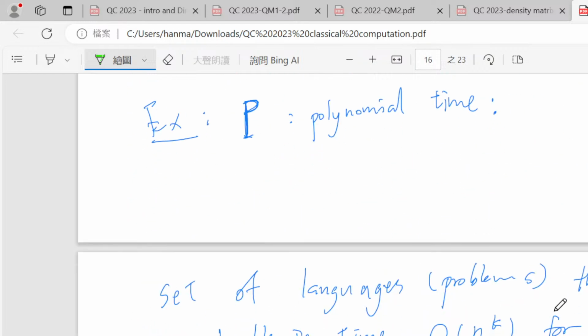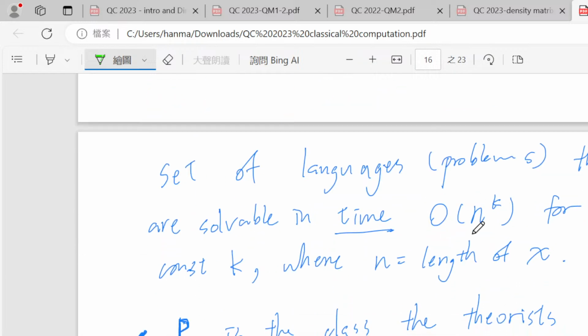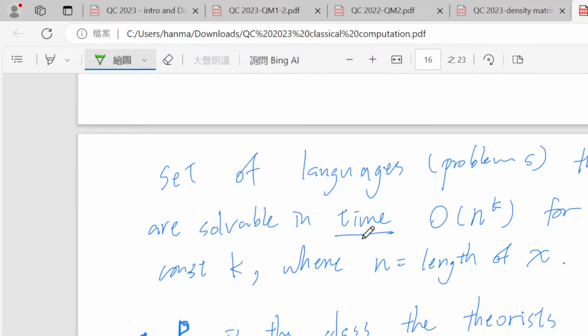So it's the set of languages that can be solved in polynomial time, so time order n to the k for some constant k. Here you see we use big O notation, meaning it's less than n to the k. And n is the length of the input x. So that's the P class.